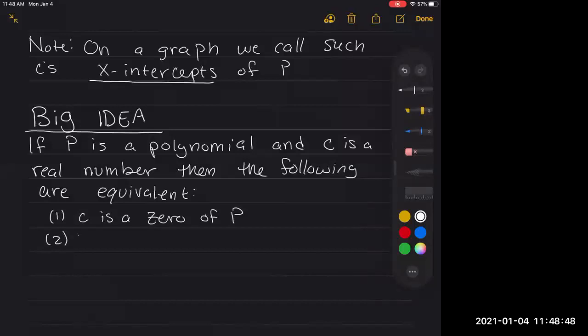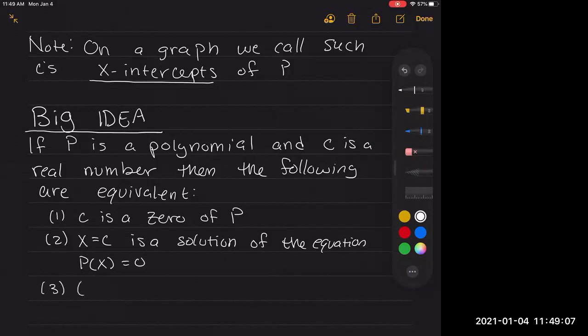2, x equals C is a solution of the equation P of x equals 0. 3, x minus C is a factor of P of x.